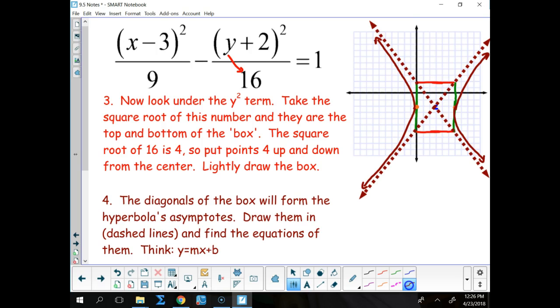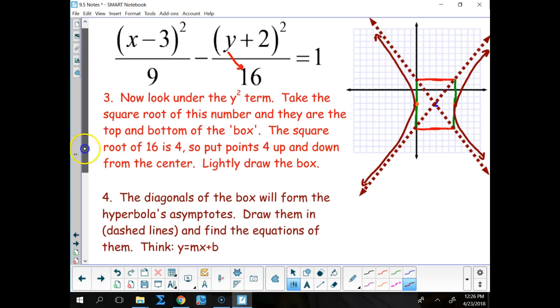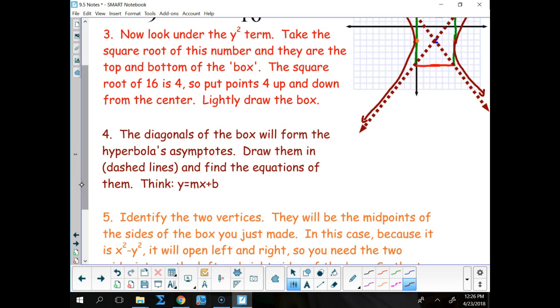The slope of the asymptotes will always be, one of them will be positive b over a, the other one will be negative b over a. And you've already found a, and you've already found b, because you had to use them to find the sides of the box.